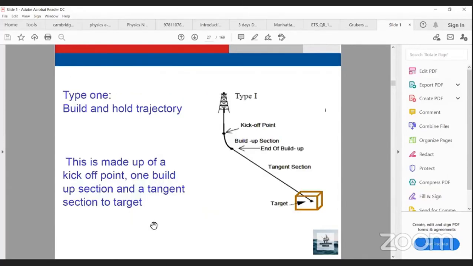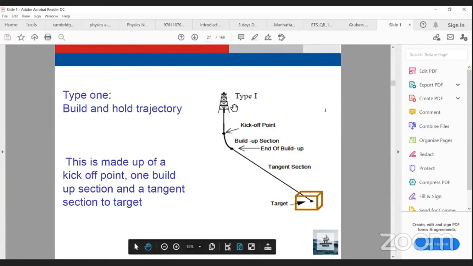So let's start with type 1. Type 1 is called J shape, or build and hold. In type 1, we start to drill vertically.